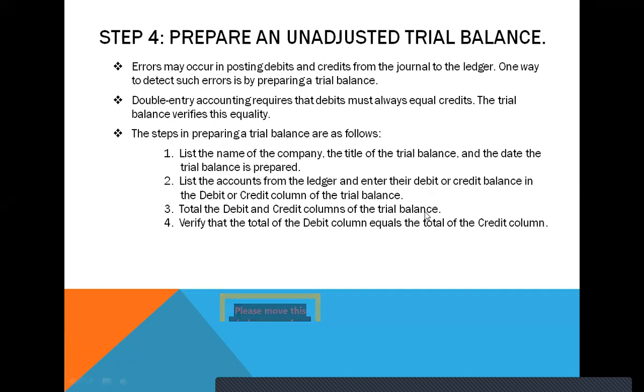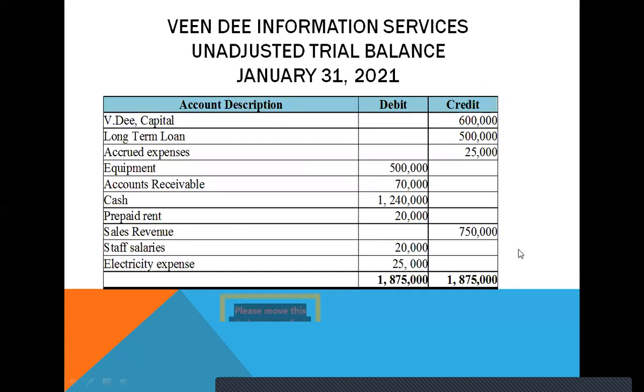Fourth, verify that the total of the debit column equals the total of the credit column. So you write the name of the company, VEEN Information Services, and the trial balance for January 31, 2021, with the account description, debit, and credit.